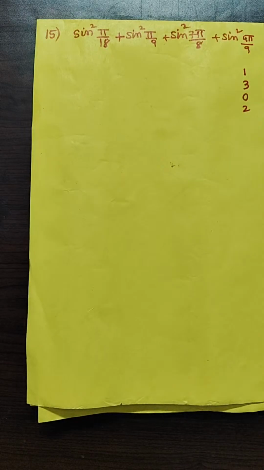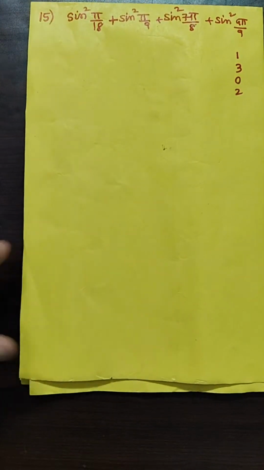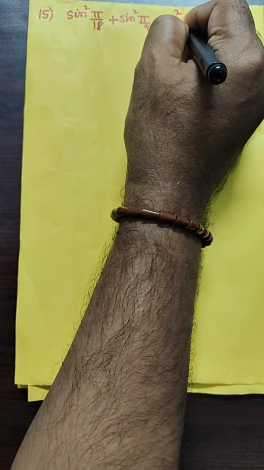See here, the concept is first we need to simplify the value. So dear students, this is 18. Then only it will be possible, dear students.